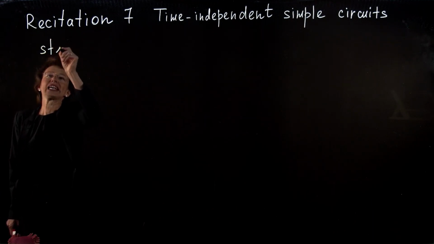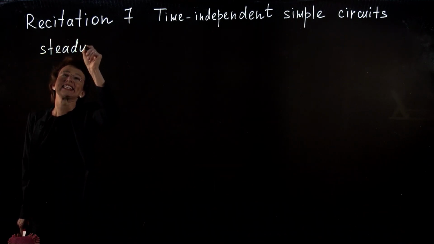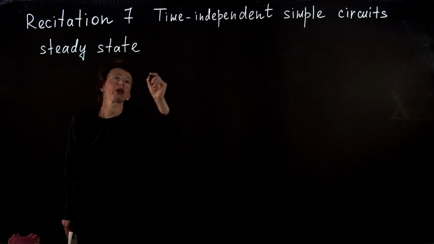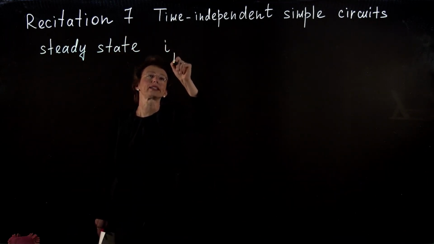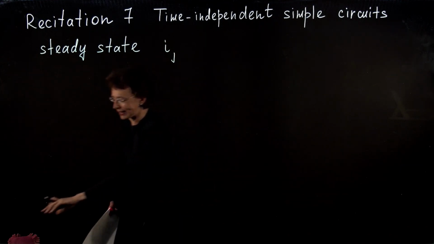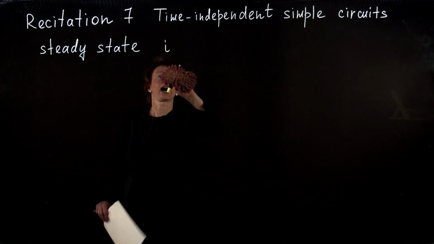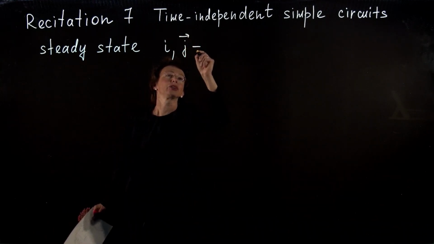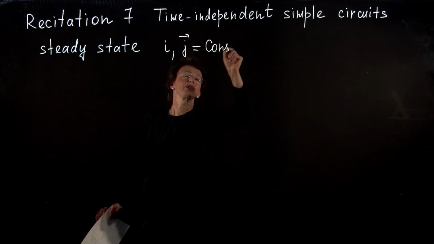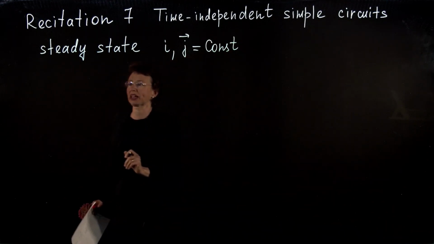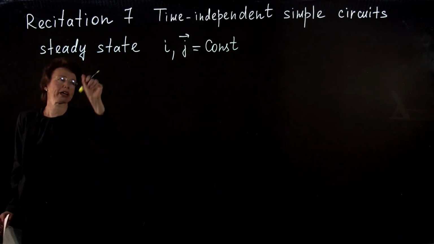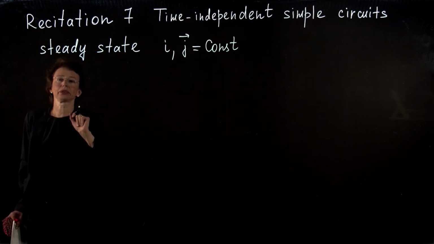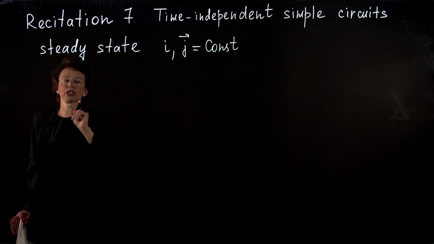When we reach steady state situation, all currents I and current densities J do not depend on time. So they are constant with respect to time. Okay, so we will need several formulas today to describe the circuits.